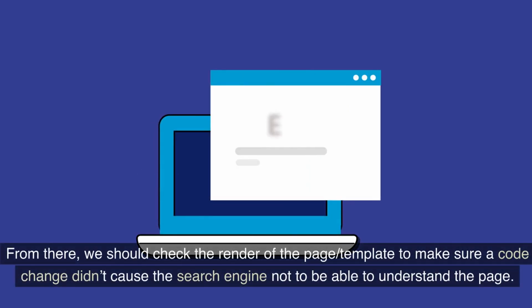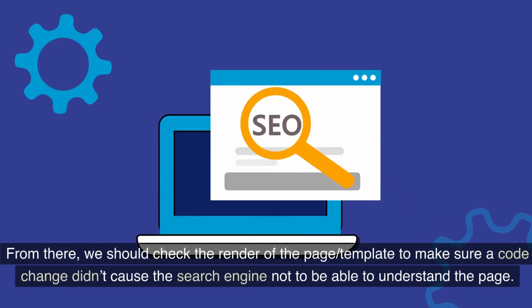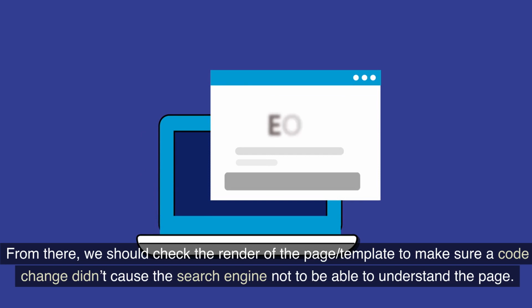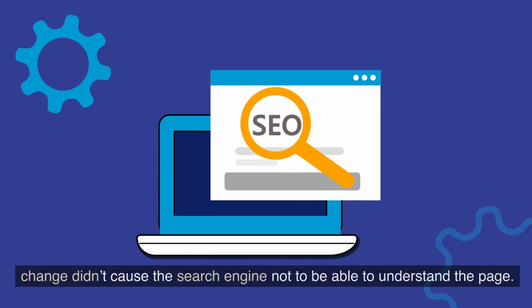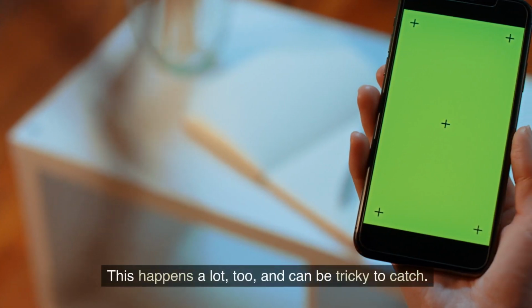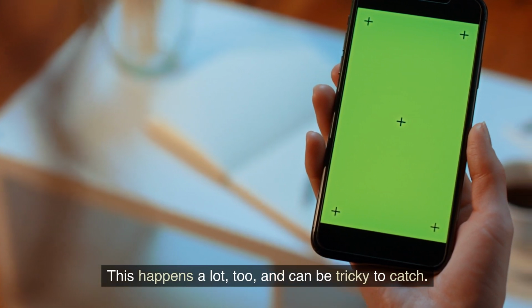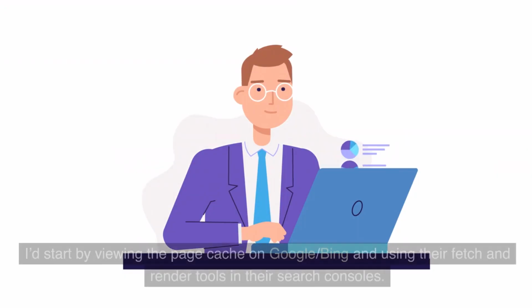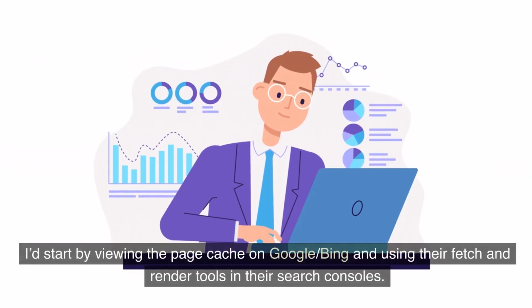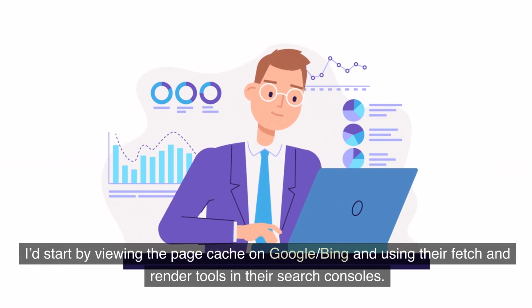From there, we should check the render of the page template to make sure a code change didn't cause the search engine not to be able to understand the page. This happens a lot too and can be tricky to catch. I'd start by viewing the page cache on Google and Bing and using their fetch and render tools in their search consoles.